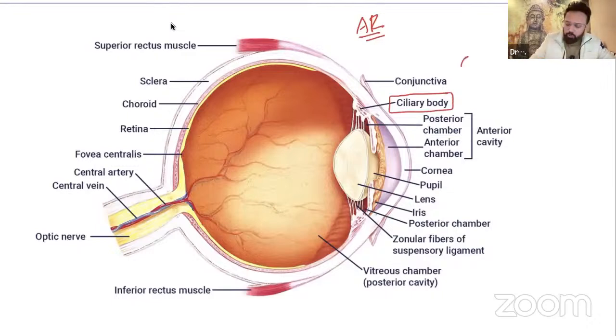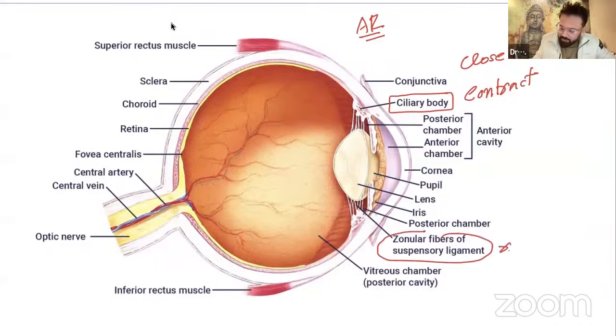If you are looking at something close, if you are reading a book, the ciliary body will contract and the zonules will relax. Please understand this. If you are looking far, the ciliary body will relax and the zonules will contract.